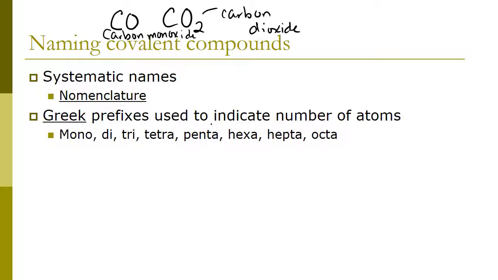The last element, we always put the prefix on it. For the first example, CO, there's one oxygen. We still change the ending to "ide", but we add the prefix mono: carbon monoxide. For CO2, it's carbon dioxide. There's 2 oxygen that we used.